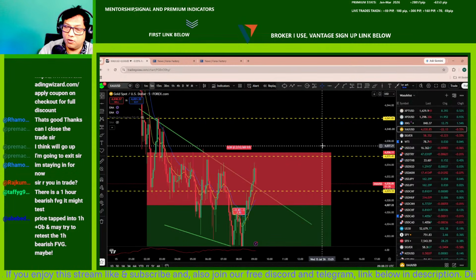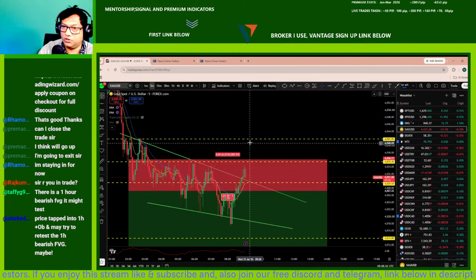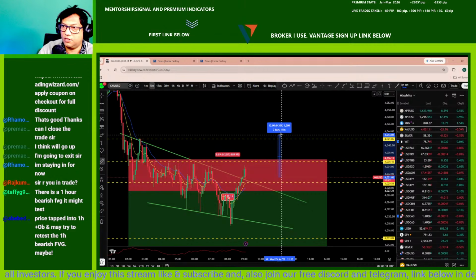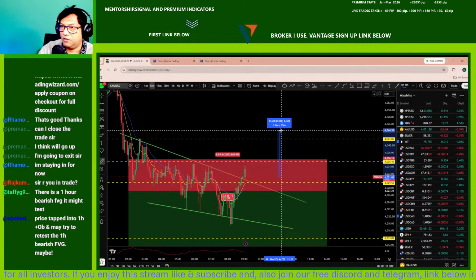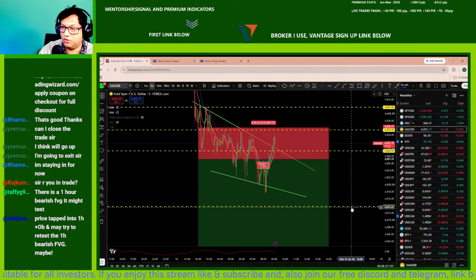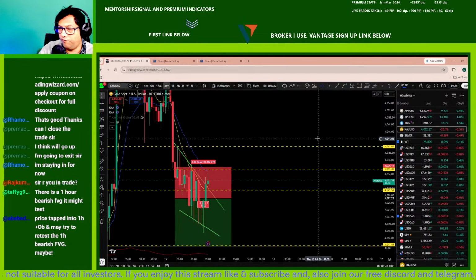And for those who are not in this trade, I would say that we can still look for a sell. Still for me, a sell entry, even with a 130 pip stop loss, is still a possible downside movement here.